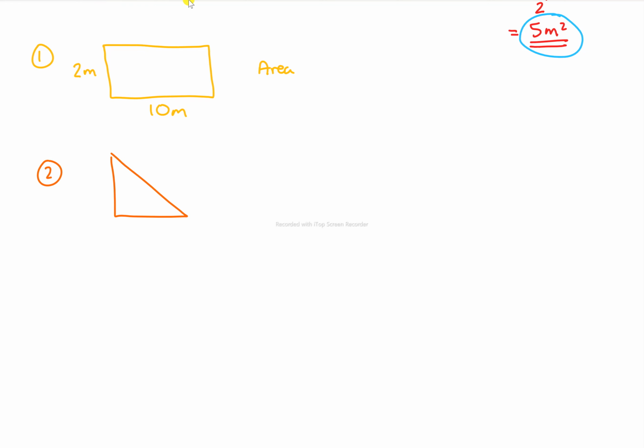What I'm going to do now is leave you with 3 questions. If you can try those. Yeah, show the full working out. 2 meters, 10 meters. I want you to work out the area. I've got another one. I have a triangle. 2 meters, 10 meters.